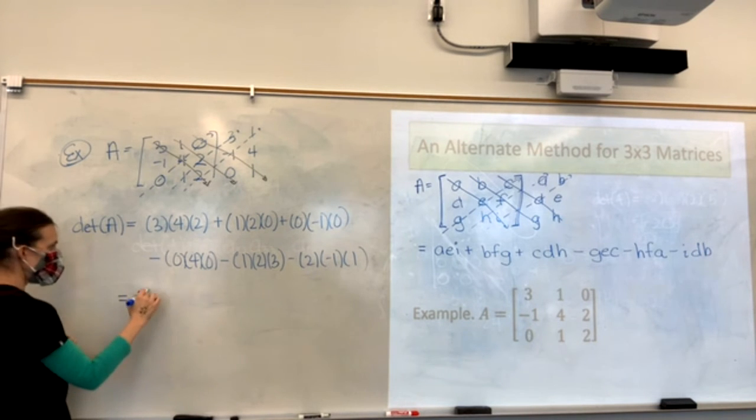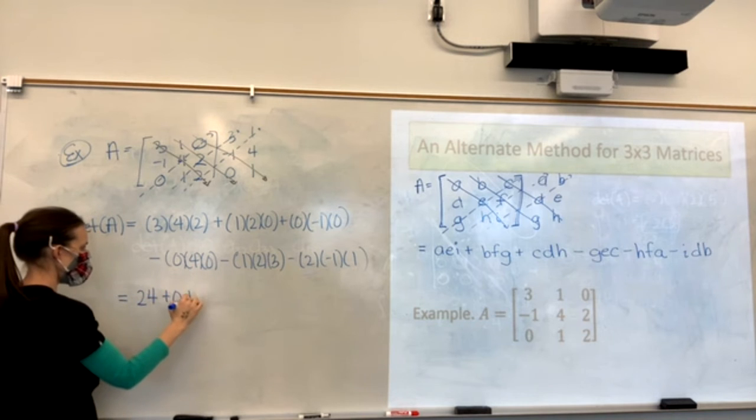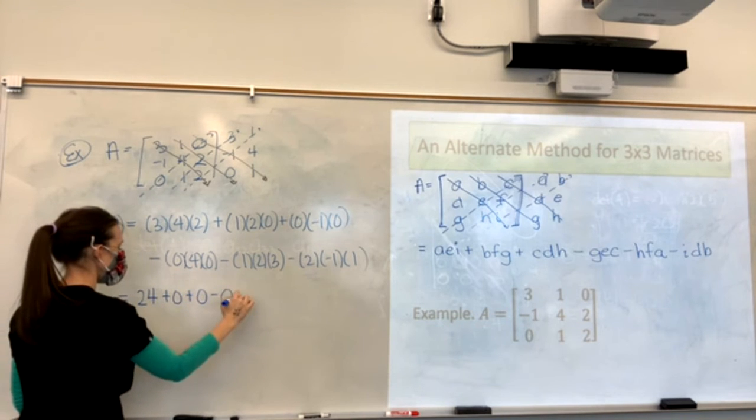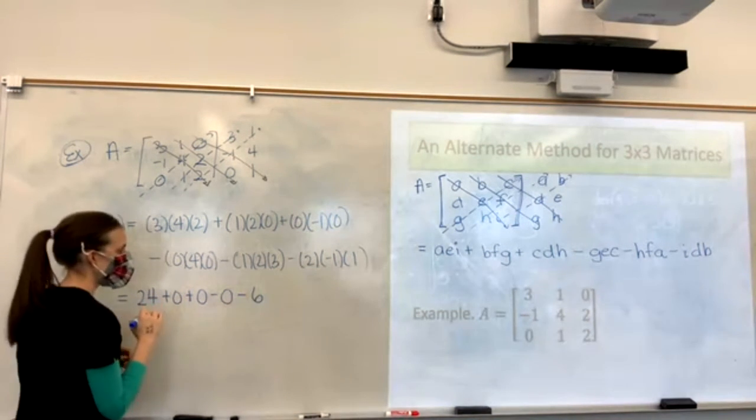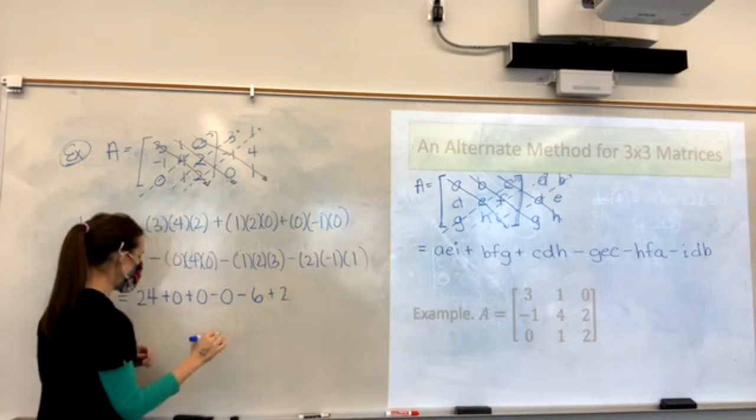All right, so that would be 24 plus 0 plus 0 minus 0 minus 6 plus 2.